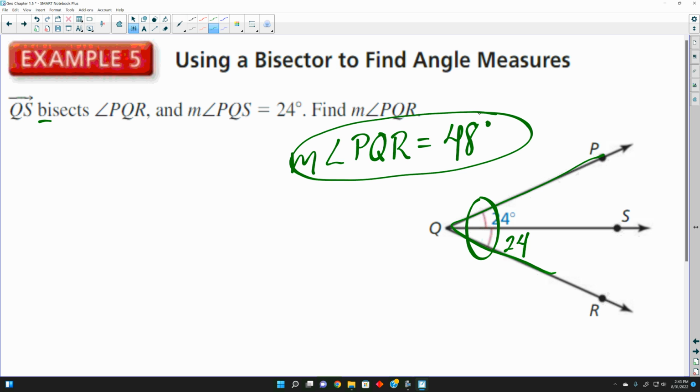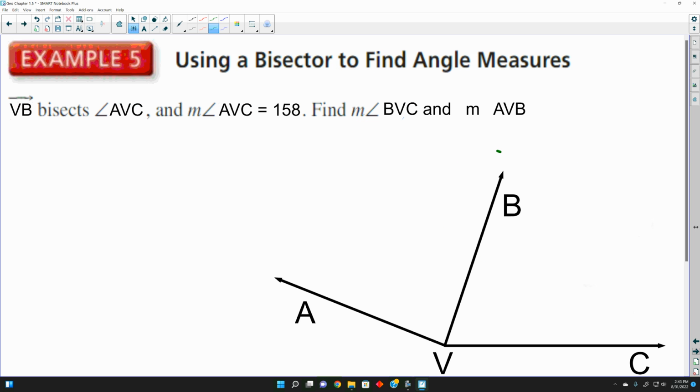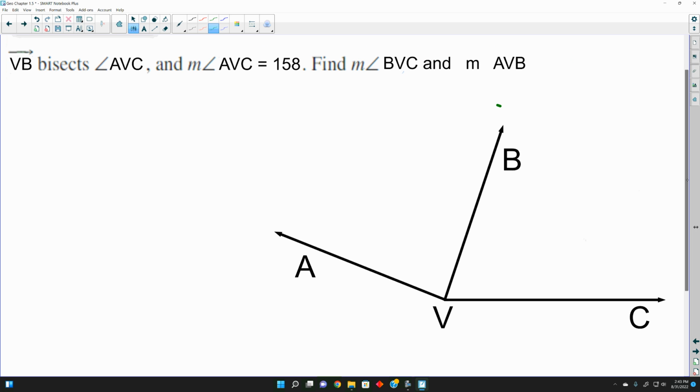Are you ready for the next one? VB bisects angle AVC. AVC is 158. We want to find the other two. Right, because the whole thing is 158, and if it bisects and cuts it in half, we're dividing it by 2.